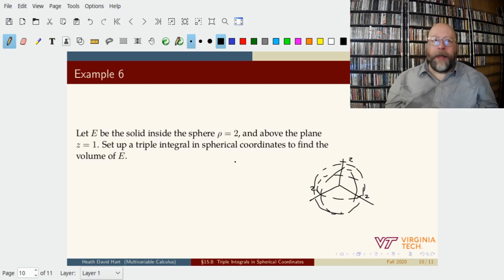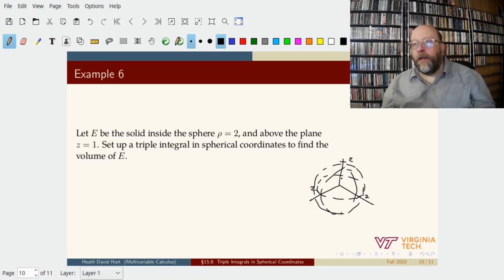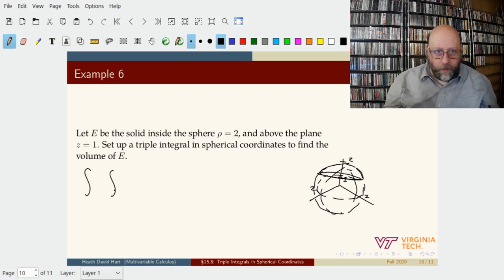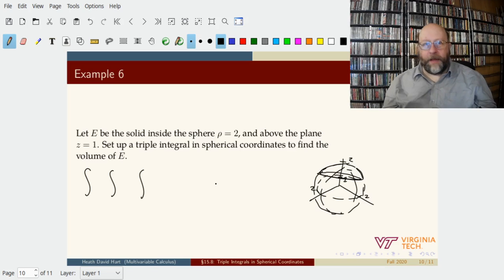And above the plane, z equals 1. So the only part that we're interested in is this part of the sphere. Okay? We want to set up a triple integral to find the volume of that shape.